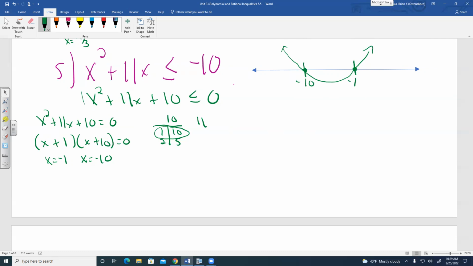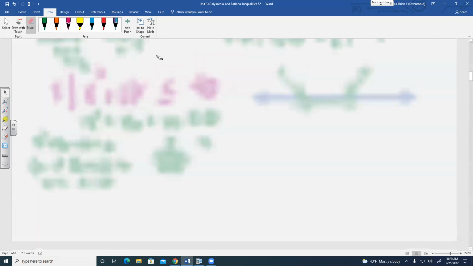And less than means I'm actually looking for negativity. So where it's negative would be between -10 and -1. That's where it drops below the x-axis, if you will. So our interval would be -10 to -1, but since they're included, we do need to put brackets there.